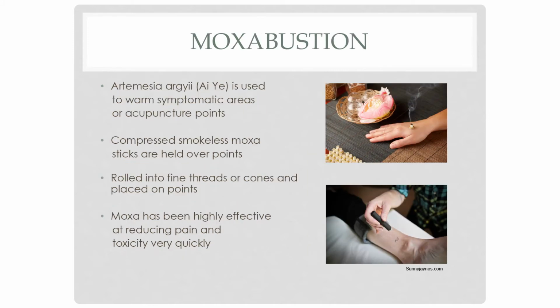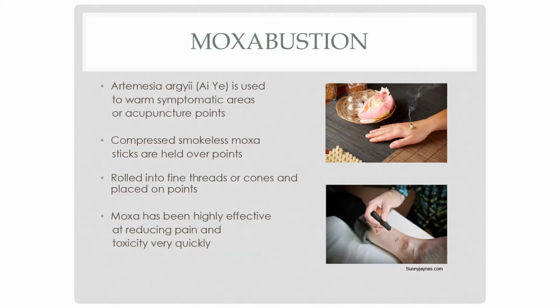Moxibustion, or Moxa, is a technique for warming the acupuncture points. So I mentioned yang deficiency, this lack of warmth, right, when people are feeling cold all the time. So this is where you bring in your moxa to warm up those points. It's an herb that's burned. There's forms, the bottom picture is the compressed version, which is smokeless, and those are just held over the points.